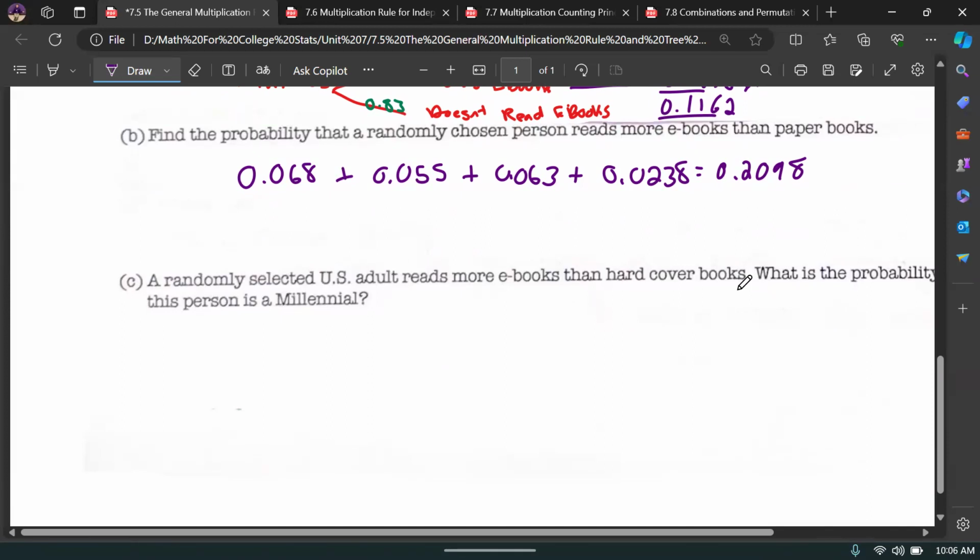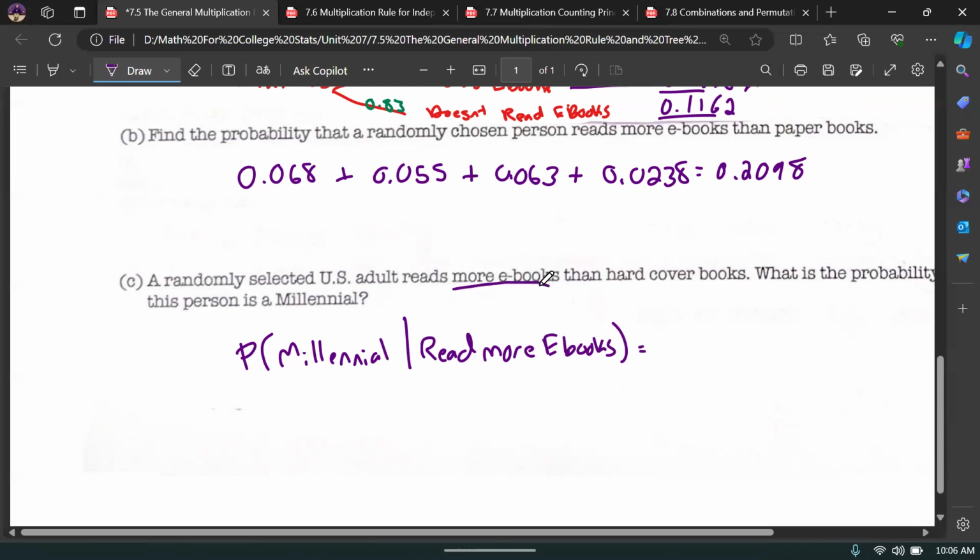So, ooh, this is nice. We have the probability that somebody is a millennial given that they read more ebooks, right? That's what we have in this statement. We know they already read more ebooks. What's the probability that if they're one of these people that they're millennial?